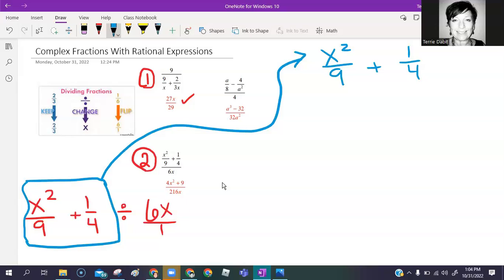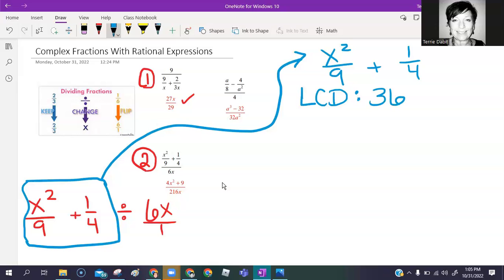I'm trying to find a common denominator between 9 and 4. Could be 36. So my LCD is 36.